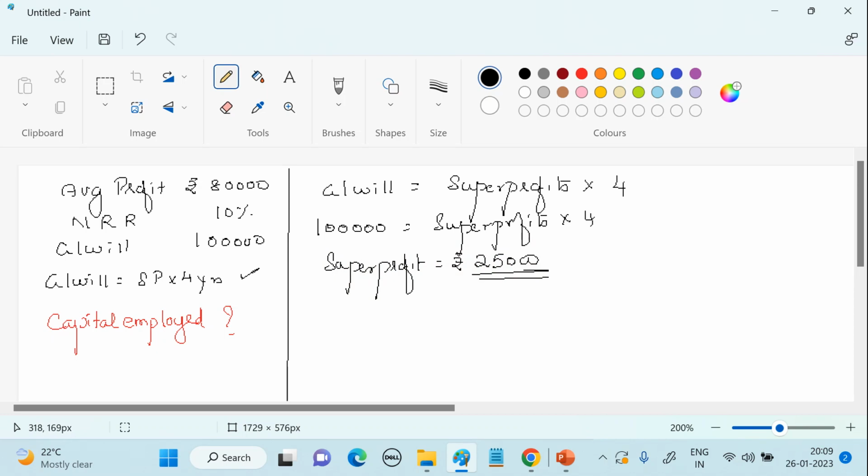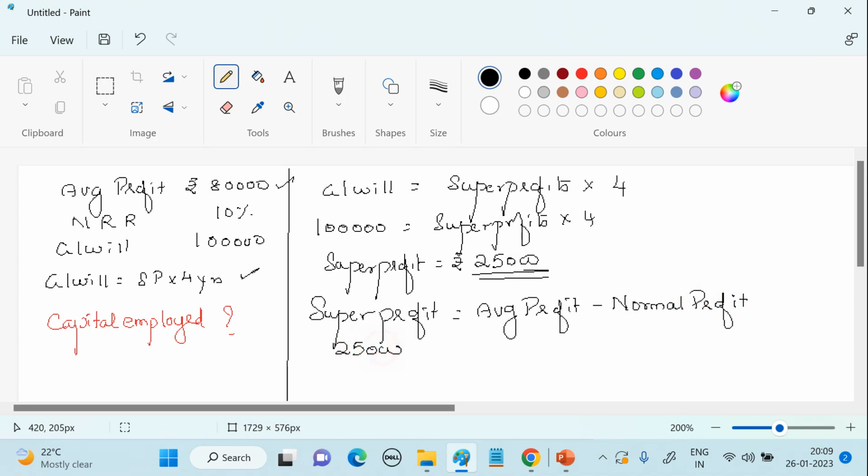Now, next we have the average profit. We found out the super profit. Using that, we can find out the normal profit. Do you remember the formula for super profit? Super profit is equal to average profit minus normal profit. The super profit will replace 25,000.